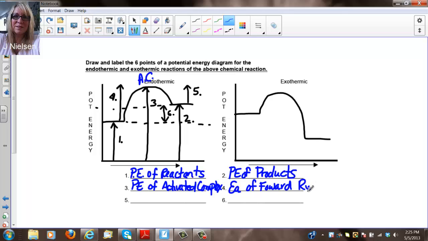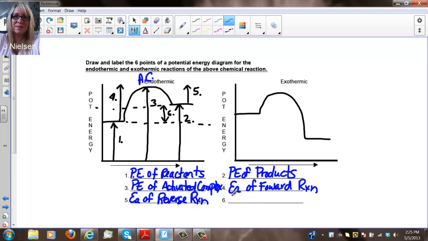So if I'm going from left to right, this is the activation energy of the forward reaction, the amount of energy needed to get to the activated complex. 5 is the activation energy of the reverse reaction. So if I'm going this way, this is the amount of energy needed to get to the activated complex.